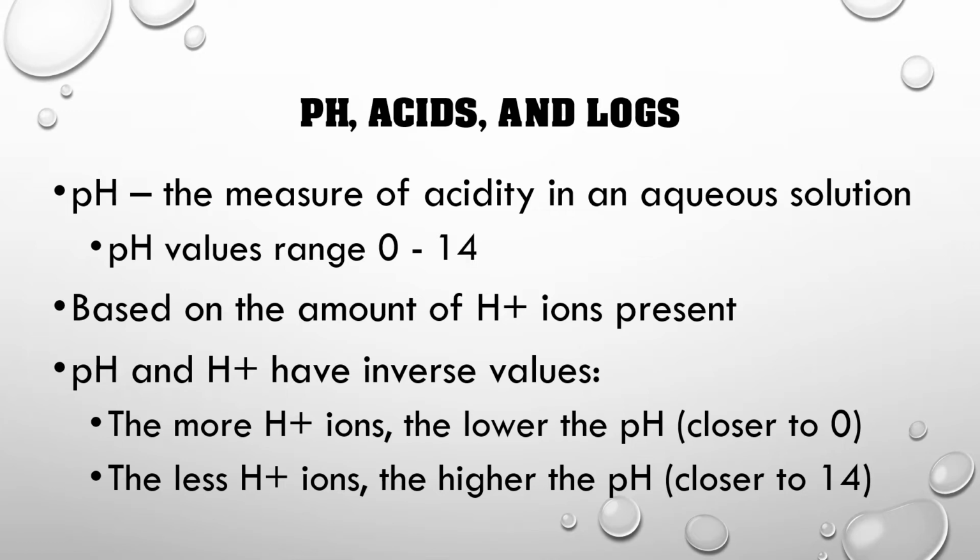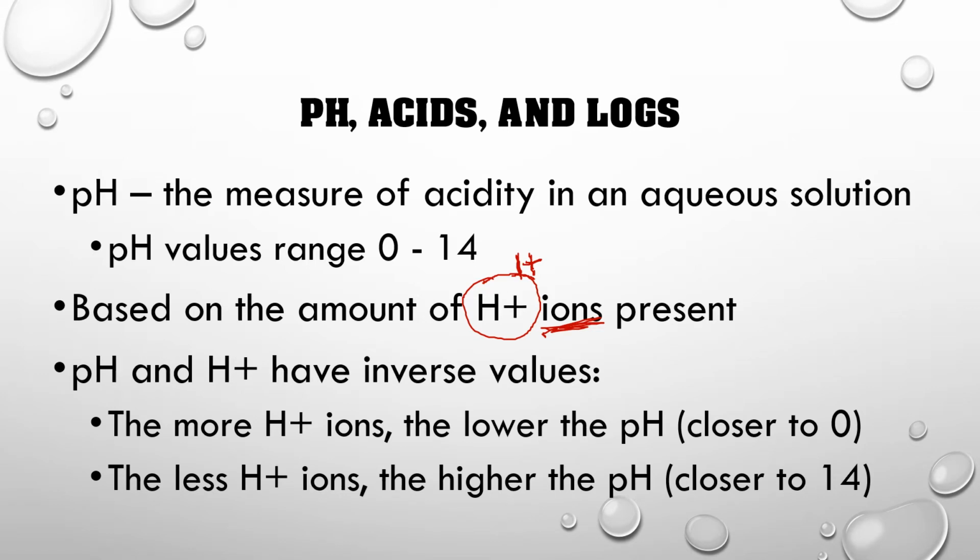Now the pH values are based on the amount of hydrogen ions present. As you can see here, the hydrogen ion is 1 plus, so it has that one positive charge to it. That's why the hydrogen ion is so important. The hydrogen ion is repeatedly used in a lot of chemistry examples, so you might as well get used to it now.